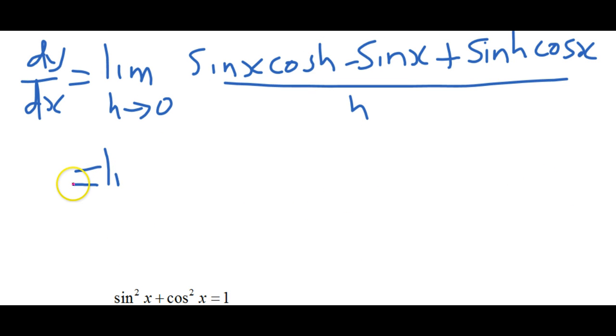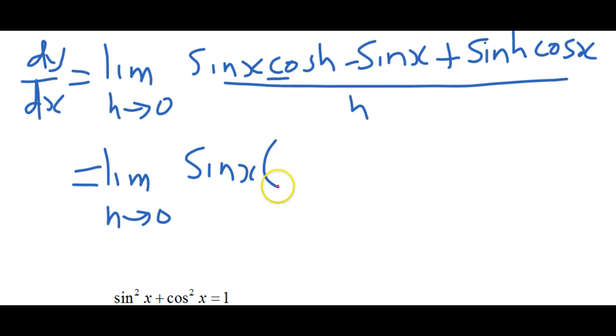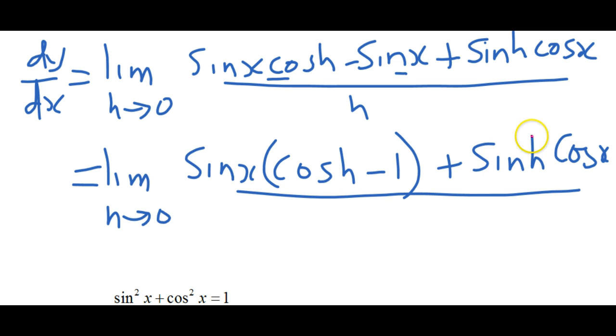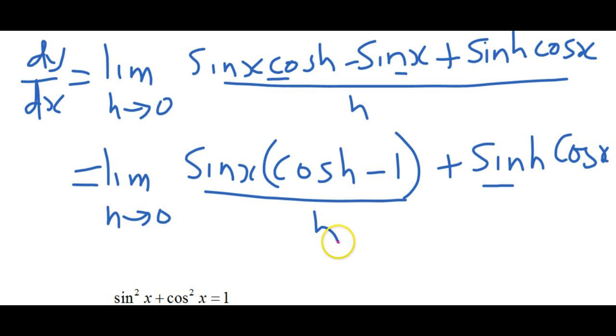I can then factor sine x out, because I have sine x here and sine x here, so that I have cos h minus 1, then plus sine h cos x, all divided by h. I can choose to make this one alone divided by h and this one alone divided by h, which will mean the same, right?